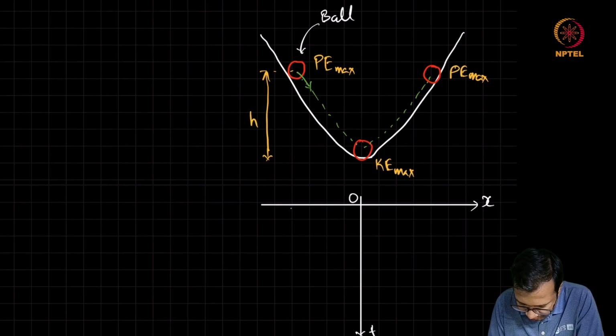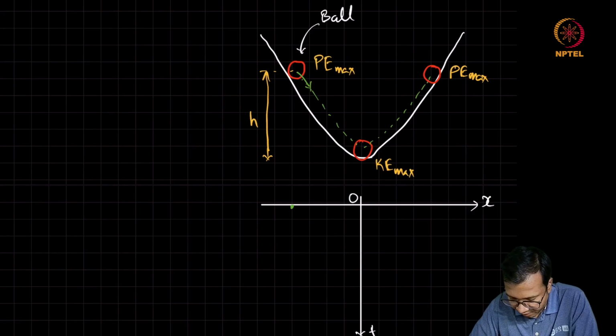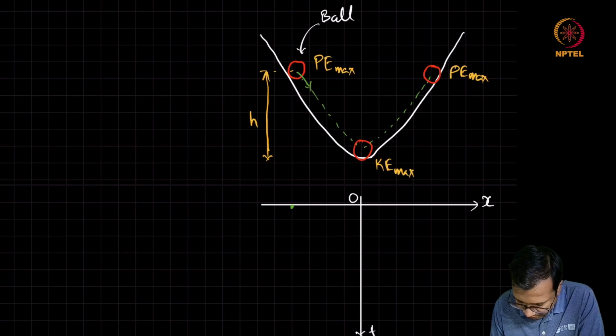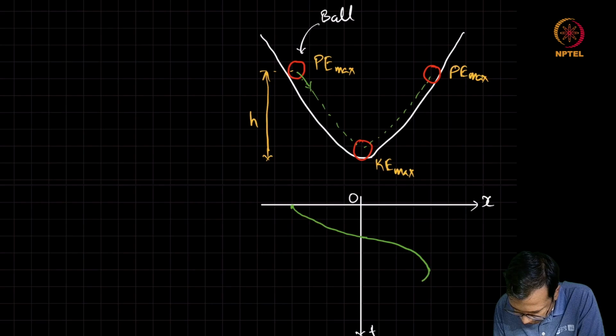Now we can see that we are starting from some position on the negative side of the x, but as time progresses, it is becoming 0, then becoming maximum on the other side, again 0, and so on.